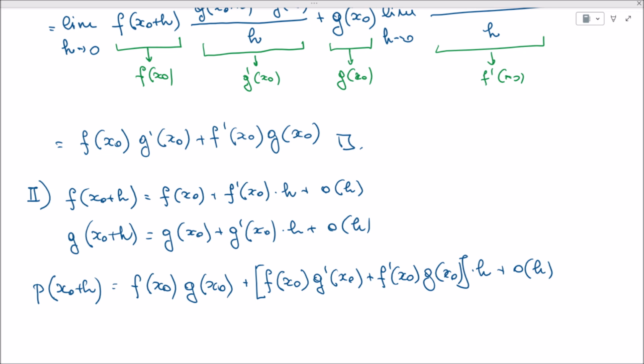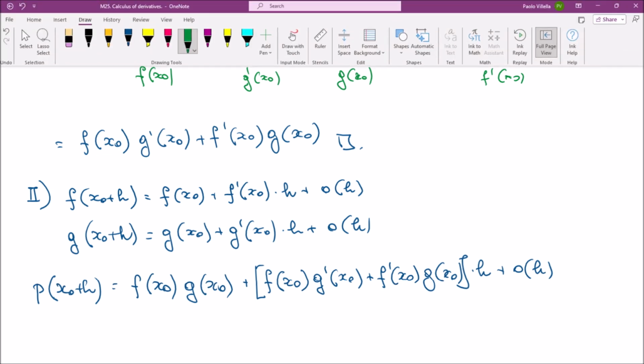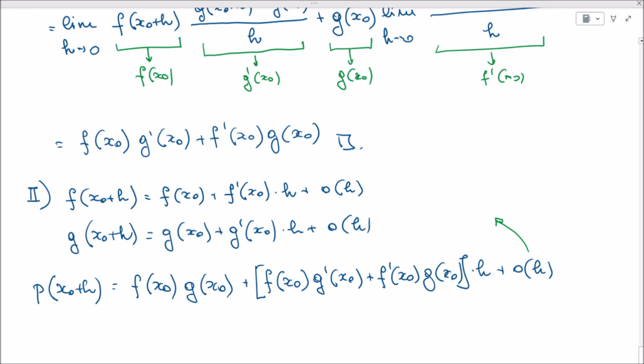And we see that this little o of h is basically the result of 6 terms. One of these terms, for example, is f of x naught times o of h.